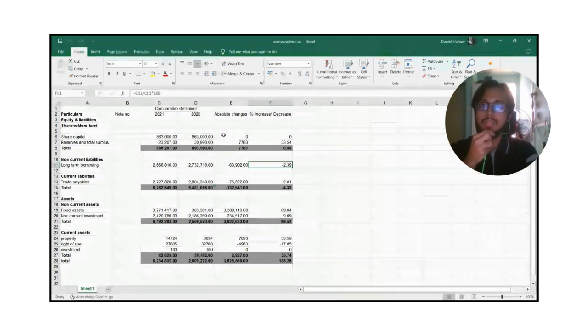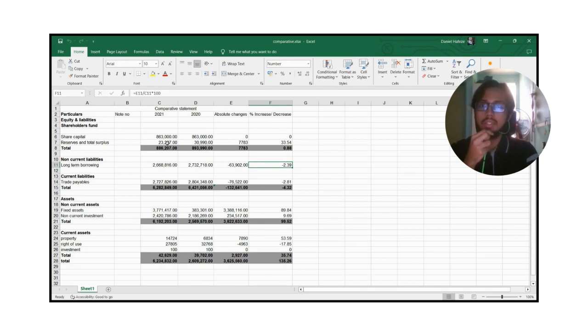To calculate absolute change, you basically take the first column of the company statement, which is 2021, minus the second column, which is 2020, and you get the answer for absolute change. Now, to get the percentage, you take absolute change divided by the first column, which is 2021 right here, and then times it by 100 because you want the percentage. And the answer for this one is 33.54%, which tells us that the shareholders' fund is earning profits.